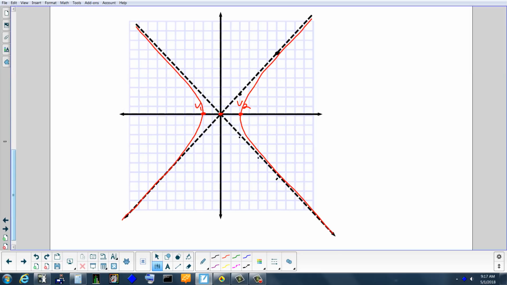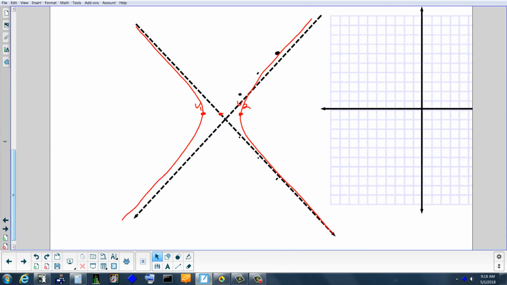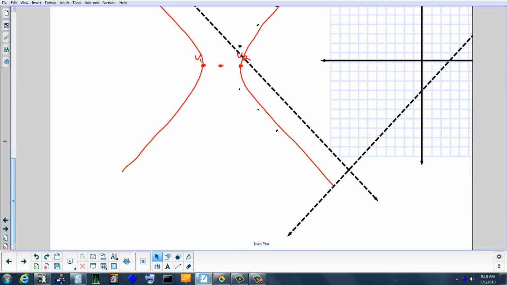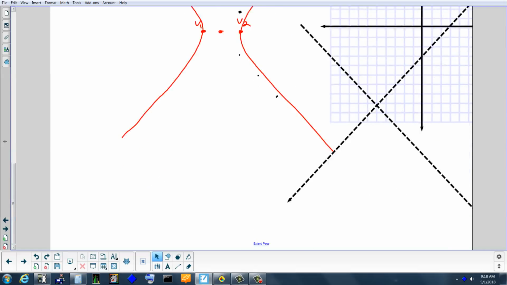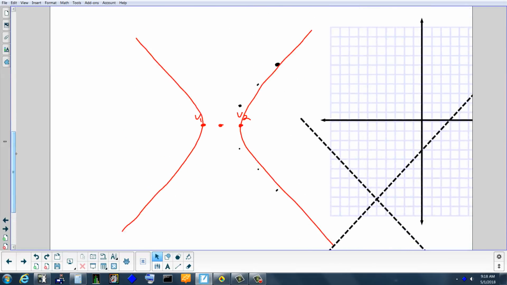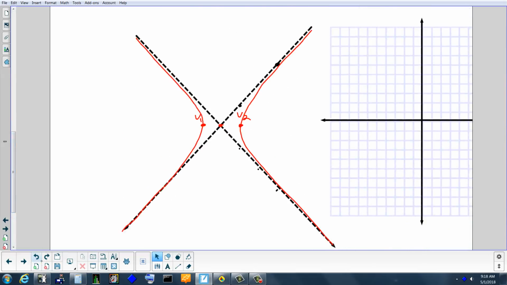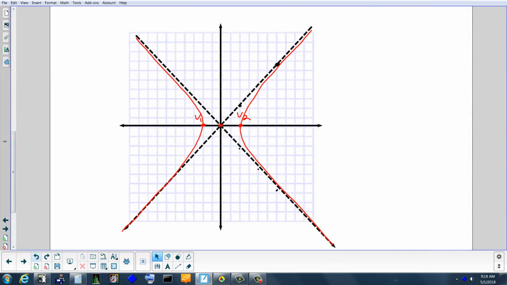If you wanted to remove everything in the background so you could see it for a second, I can just show you what you're really looking at. So that shape in red, that is your hyperbola. Questions on that? It's a little harder to draw than an ellipse, but the mathematics behind it really is very, very similar.